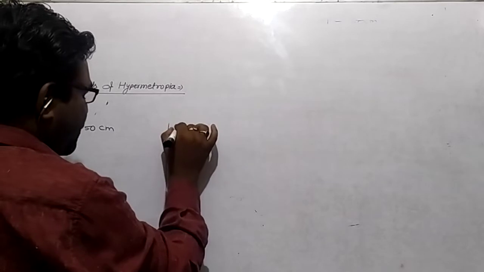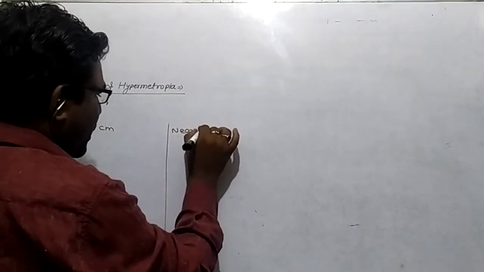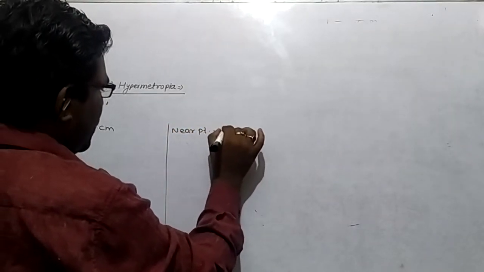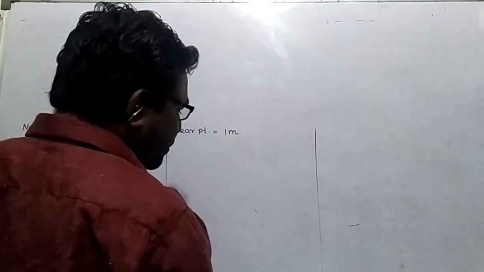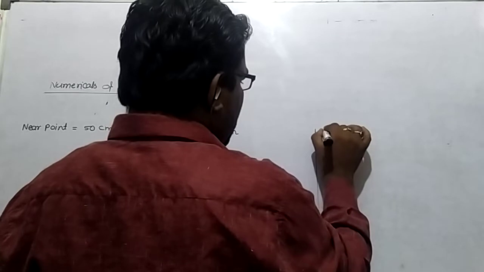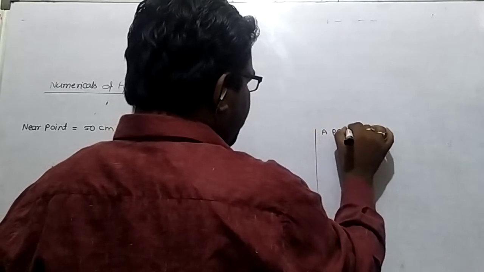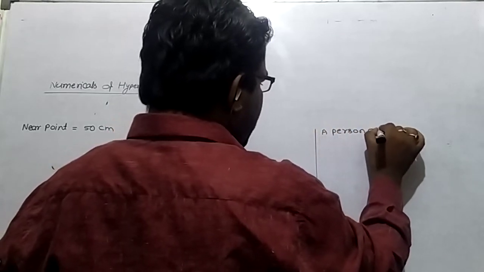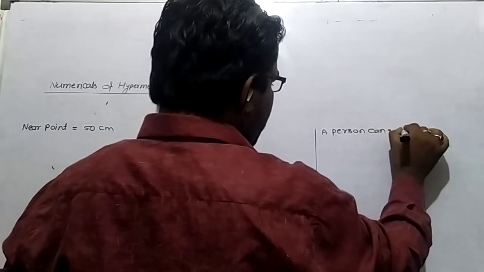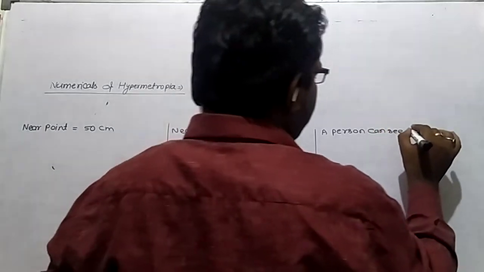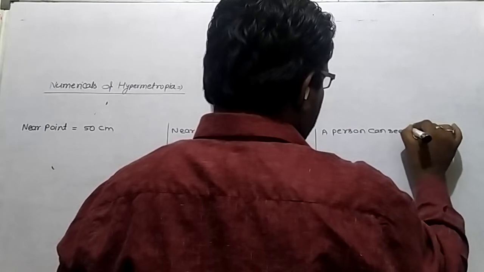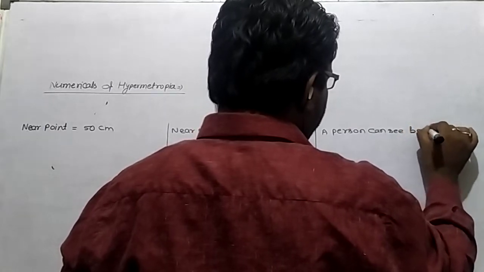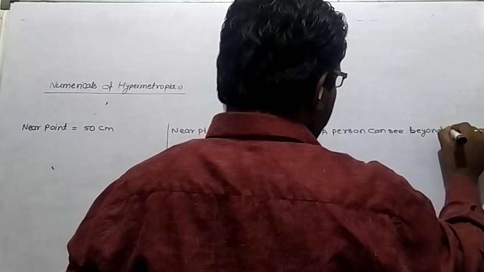Second question, near point is 1 meter. Next question, a person can see beyond 1.2 meter.